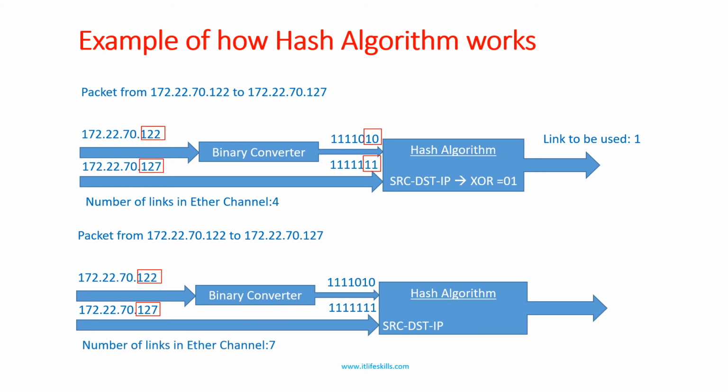But in this case we have 7 links in our EtherChannel, so it requires 3 bits for the source IP address and 3 bits for the destination, and we're going to perform the XOR operation, and we have the result of 101. So it means link number 5 will be used.